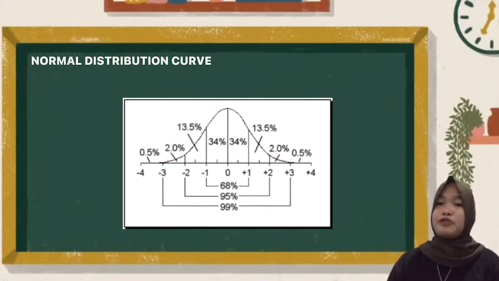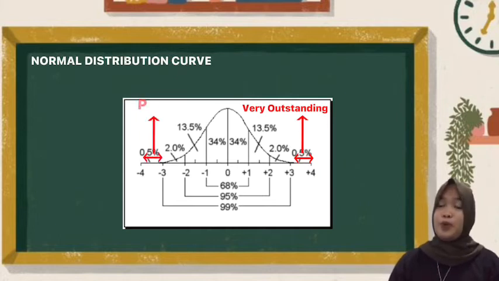While 0.5% naman will be the very outstanding or superior or depende sa term na gagamitin natin. And then on the other side, tawagin siyang poor. Yun yung mga taong almost walang nakuhang score.